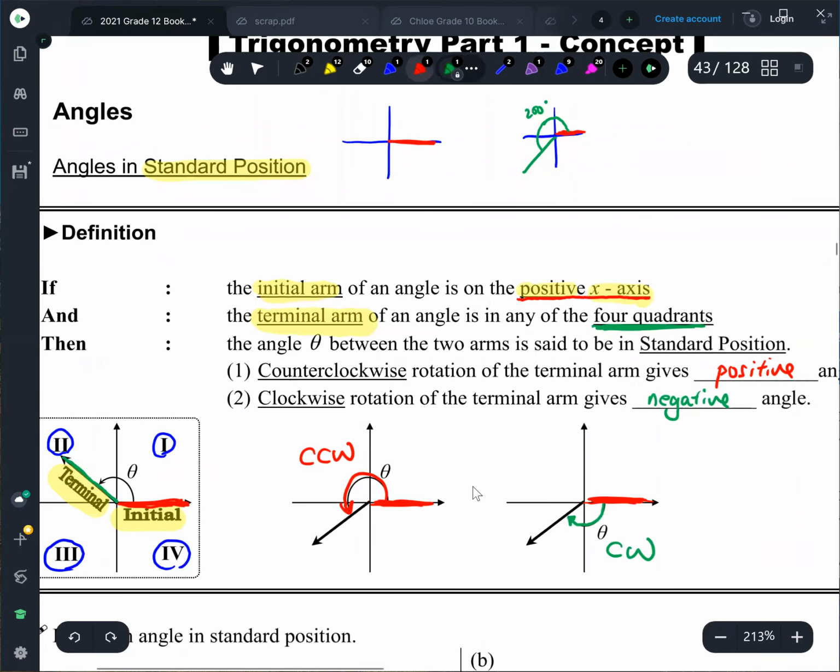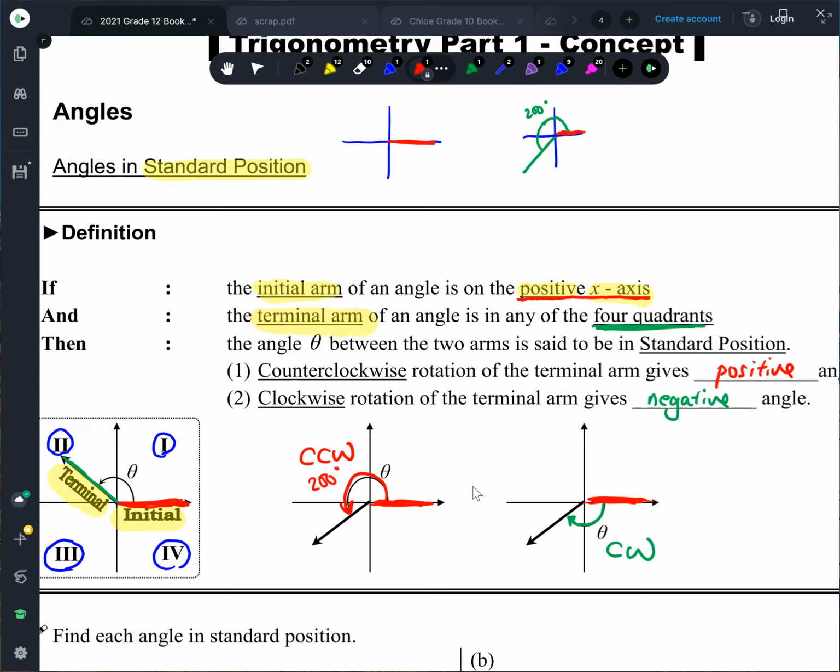For example, if counterclockwise it's 200 degrees, it's the same position, same terminal arm. Then clockwise, how big is that angle? Nick, what do you think?